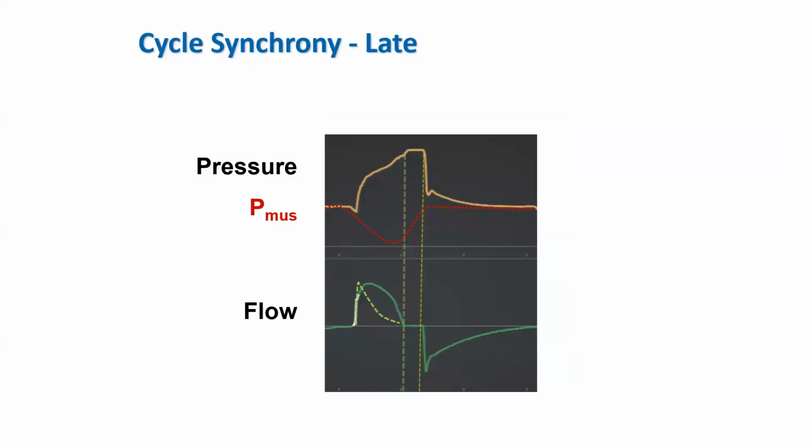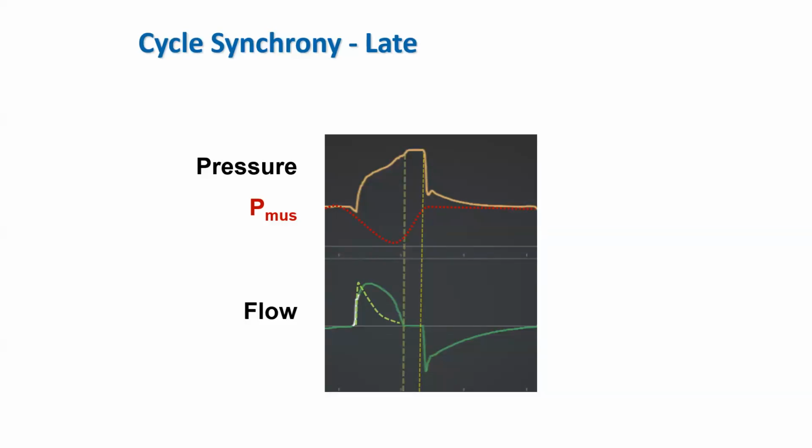Late cycling, real late cycling, looks something like this. Here we see that the patient makes a larger effort and then relaxes. At this point, their effort begins to go away right about here. And on this particular ventilator, the patient isn't allowed to exhale until the expiratory time is finished.